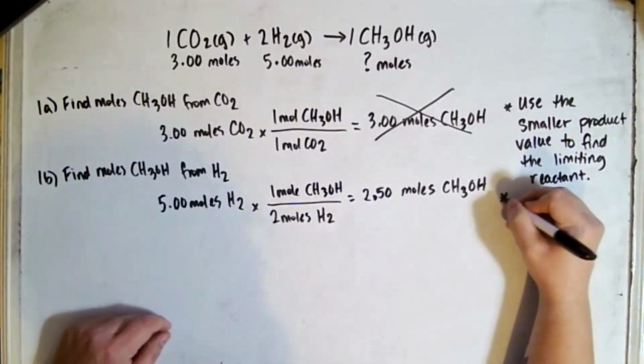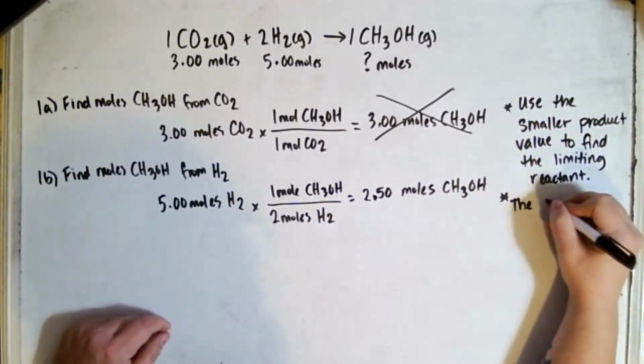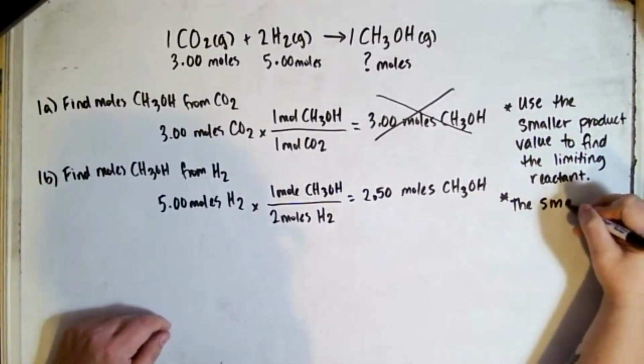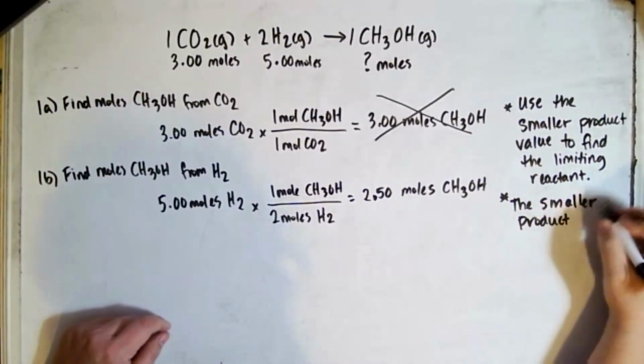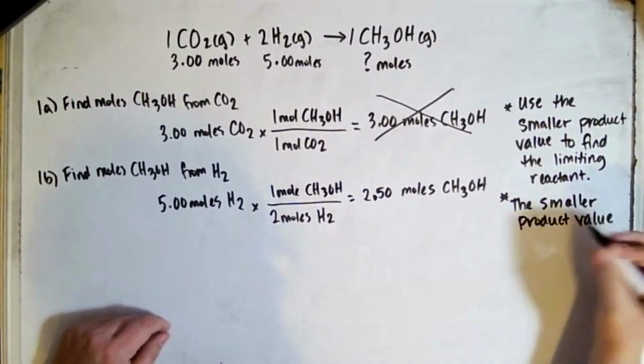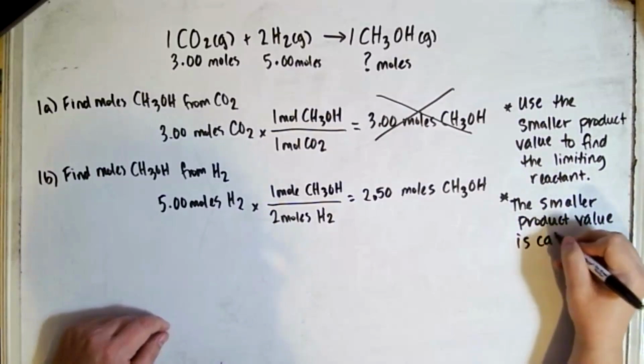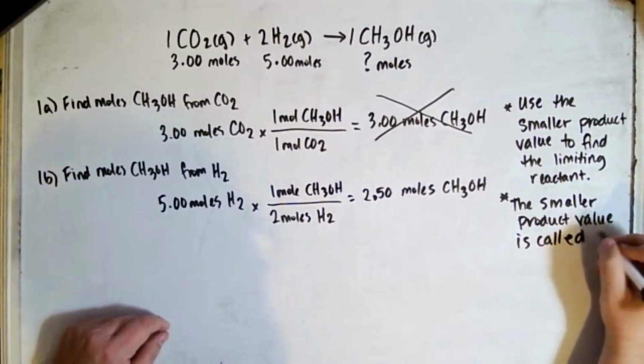And the smaller product value has its own special name. It's called the theoretical yield.